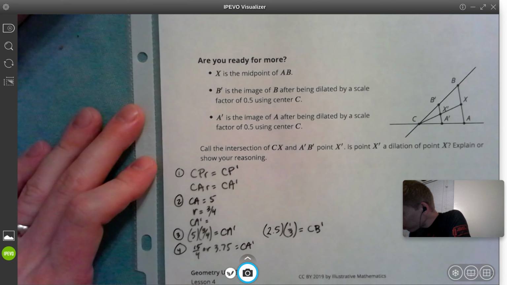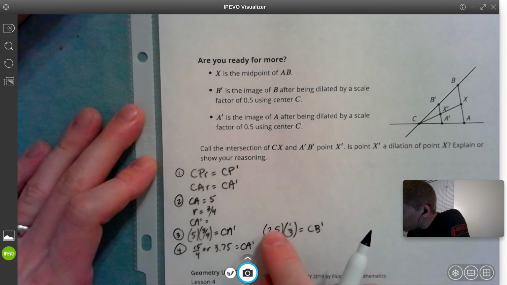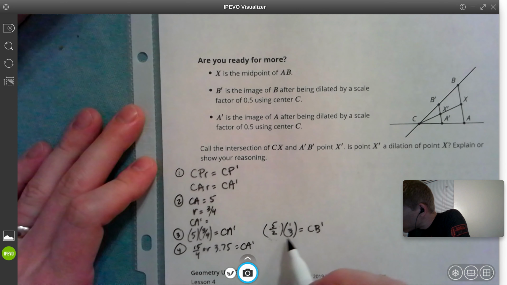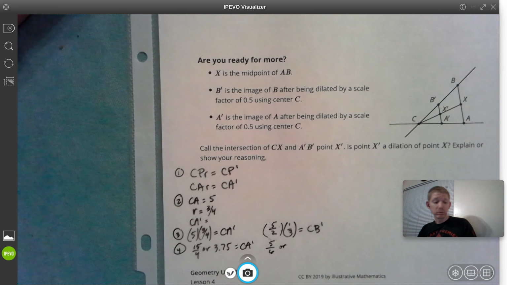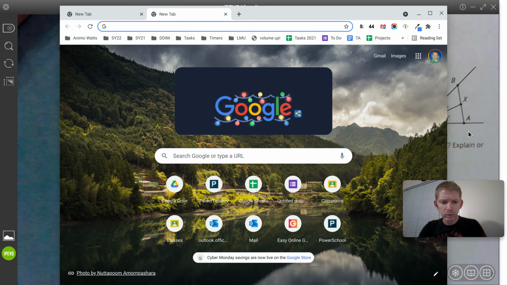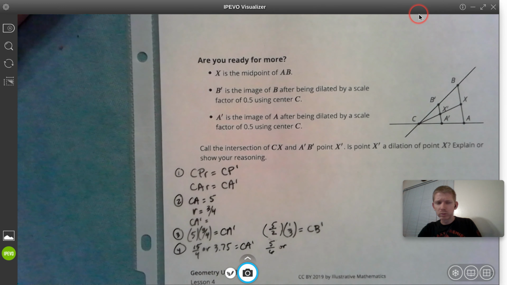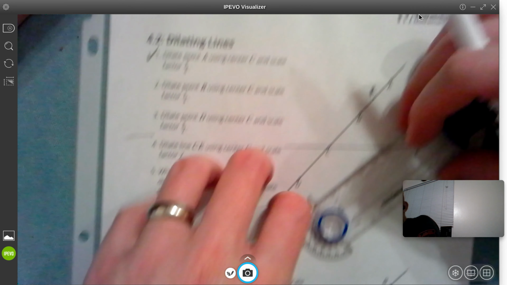If we do this on the calculator, 2.5 I can rewrite as 5/2, so that's going to give me 5/6. 5 divided by 6 is 0.83, so that's going to be about 0.83 millimeters.